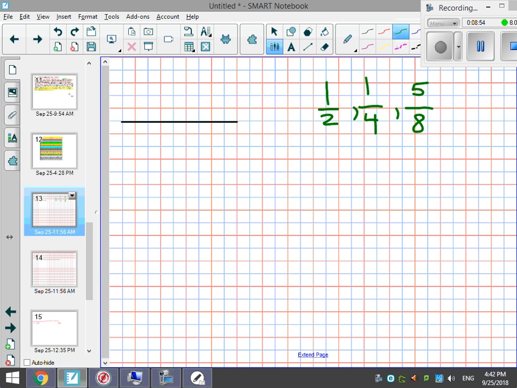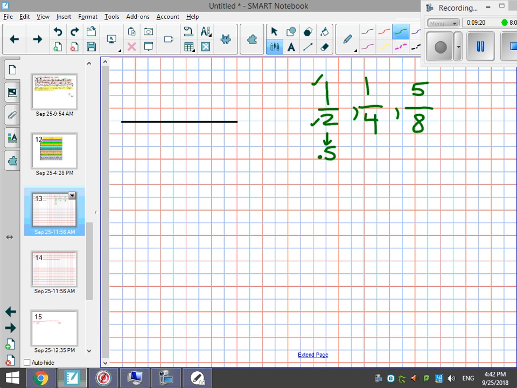And I want to represent those on a number line over here. We can do that. We haven't seen it much yet, but we're going to. Before we do it, however, I want to take a chance to put all of these into decimals. We should know that 1/2 is equal to decimal .5.